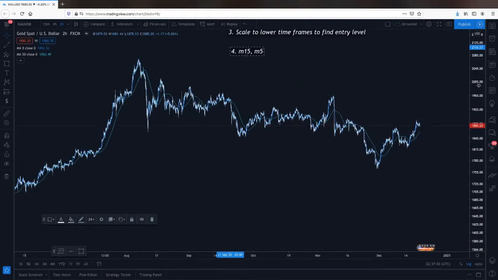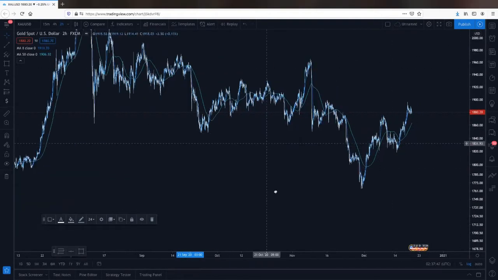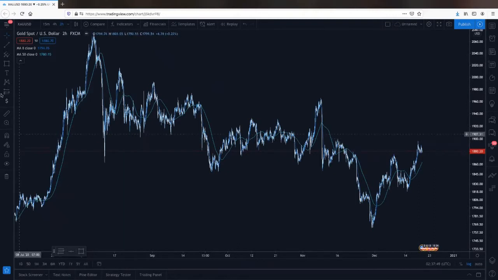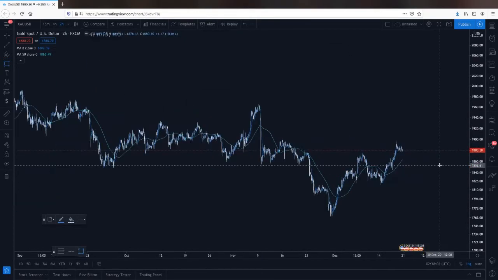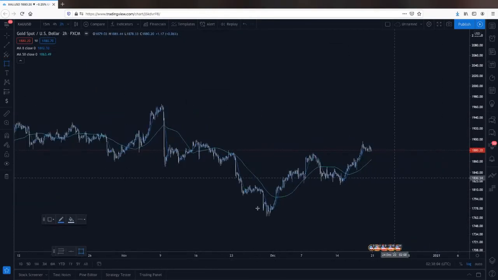This is just gold on the overall time frame, so we can mark it up as much as we want. The first thing you do whenever you come to your chart is get your key zone out. In order for a key zone to be valid, you have to find multiple levels in the market where price is rejecting. If we look here, here, here, price just rejected a lot on this level.